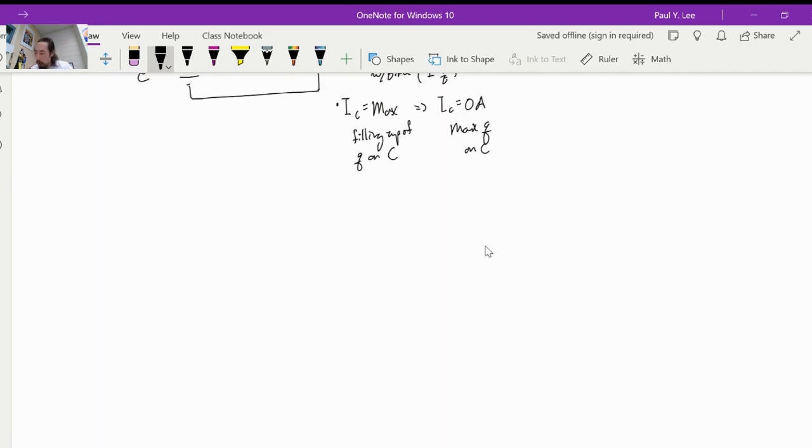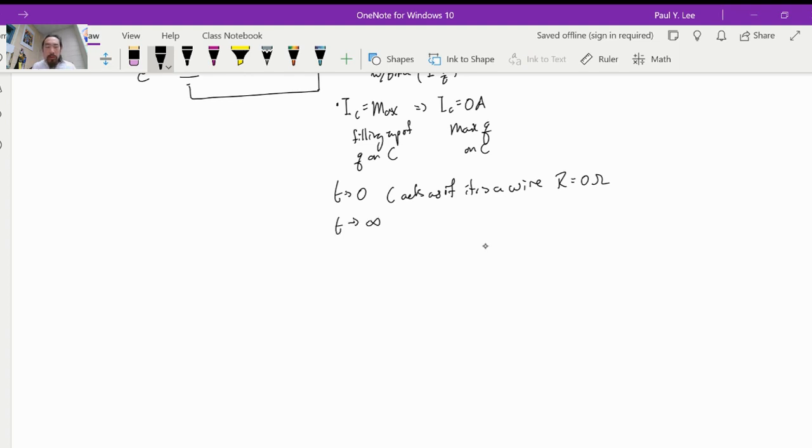With this, we can say at time equal to 0, the capacitor acts as if it is a wire. Or you could think of it as your resistance is 0. It allows for charges to flow freely.